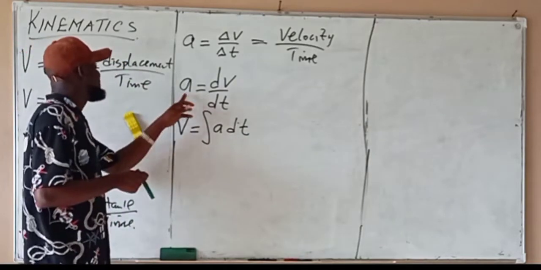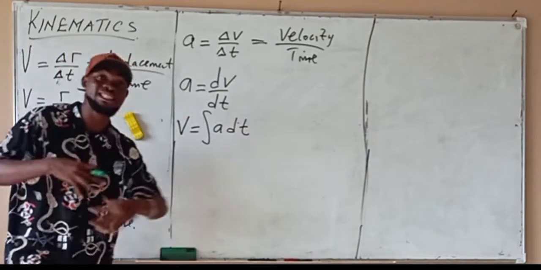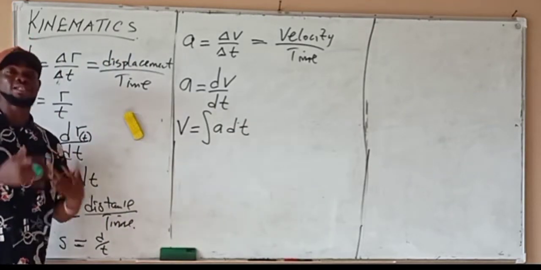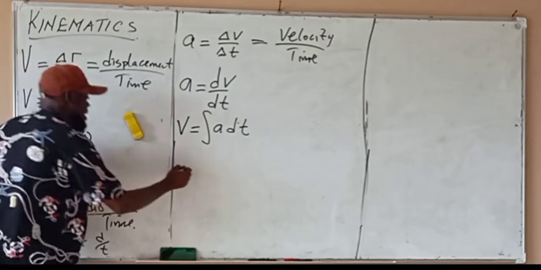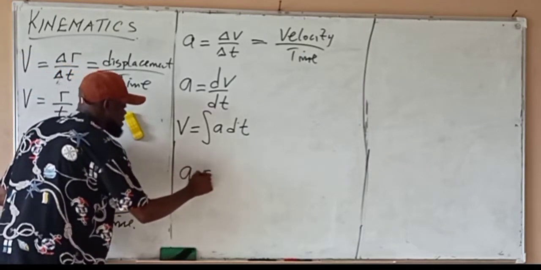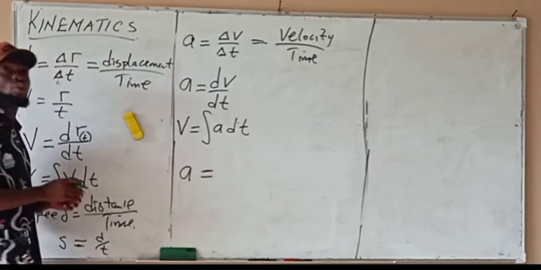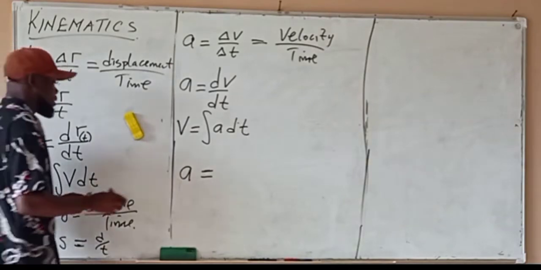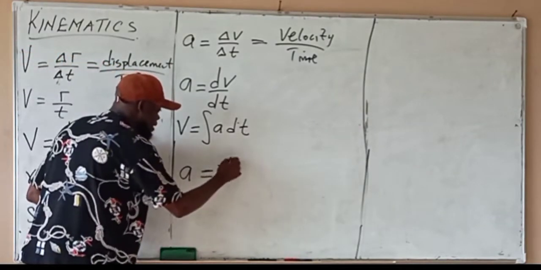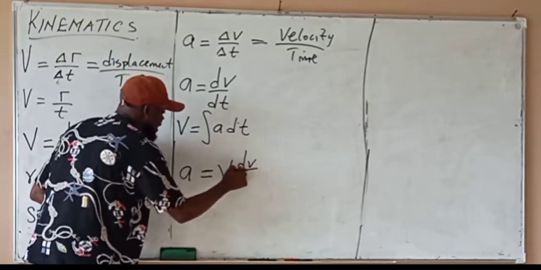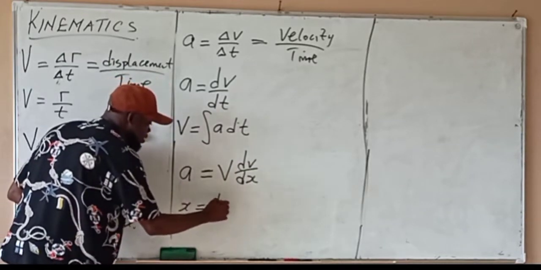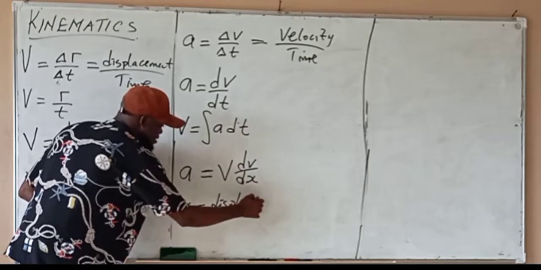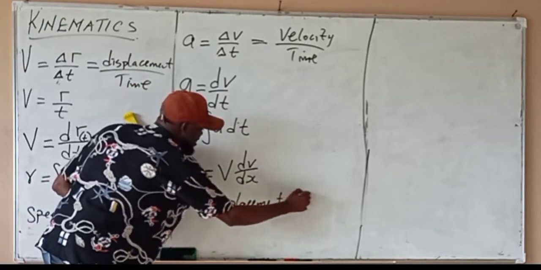Now, let's assume velocity is given as a function of displacement, and they're asking you what is the acceleration. Acceleration will be v dv over dx, where x is the displacement in meters.